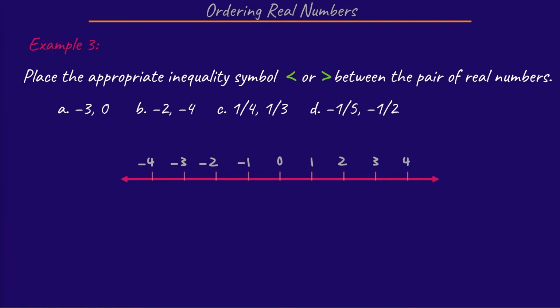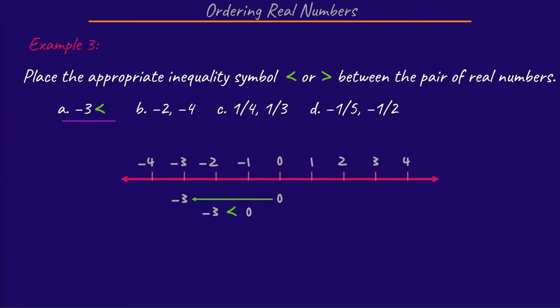The first thing that we have is -3 and 0. So let's take -3, 0. We can see that -3 lies to the left of 0, so we can say that -3 is less than 0. Let's replace it: -3 is less than 0.